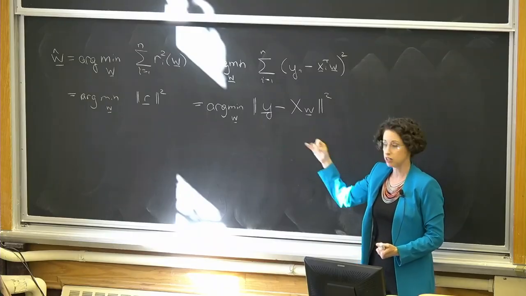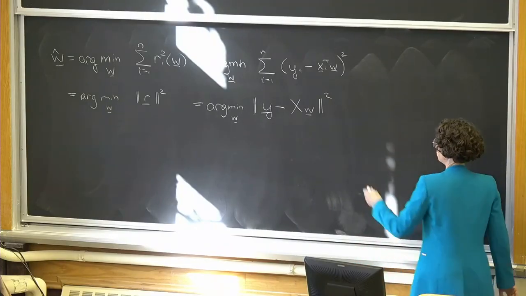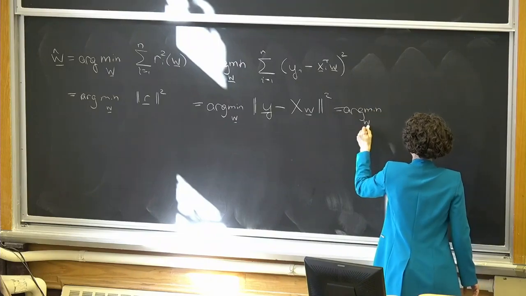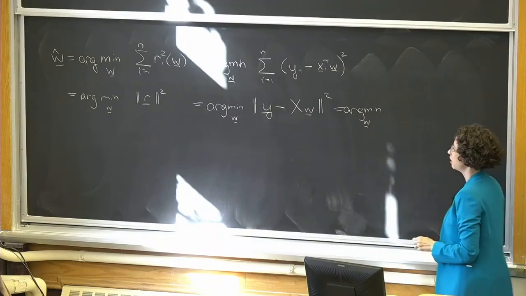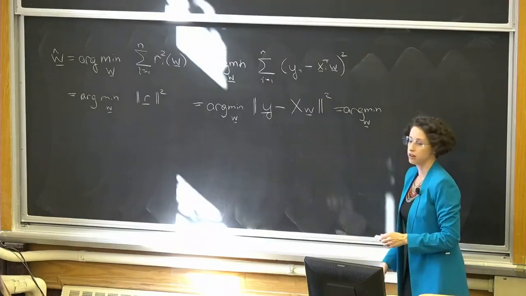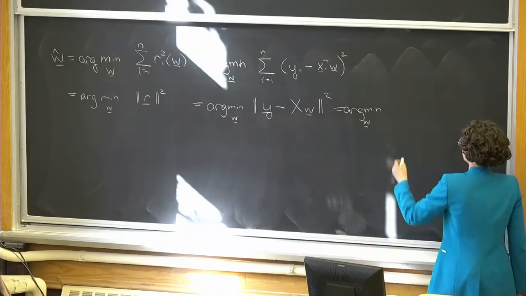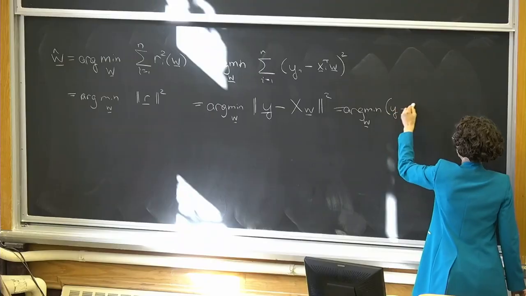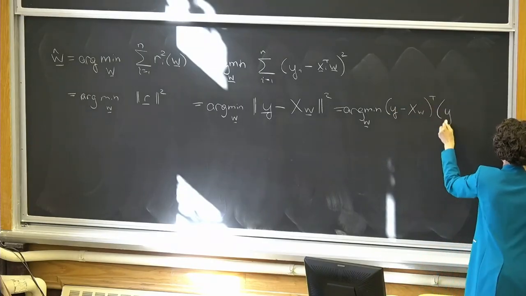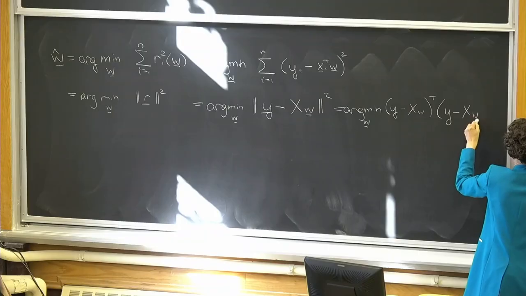Now we're just going to expand this a little bit. In particular, when we take the norm of a vector, remember that's just that vector's inner product with itself. And so what we have here is (y minus xw) transpose times (y minus xw).